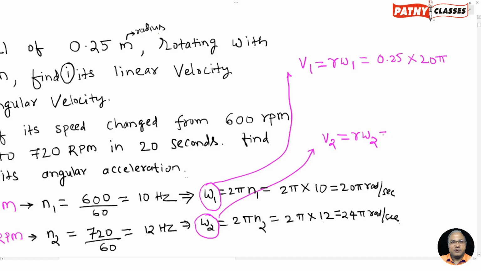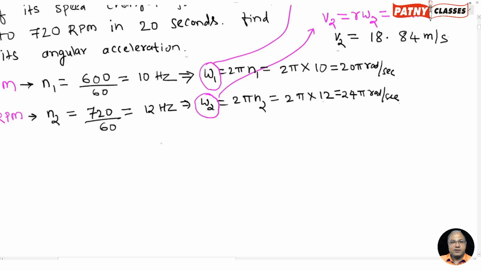And for v2, r remains the same, 0.25 meters, and omega 2 is 24 pi. Multiplying them, we get v1 equals 15.7 meters per second, and the final linear velocity v2 equals 18.84 meters per second.